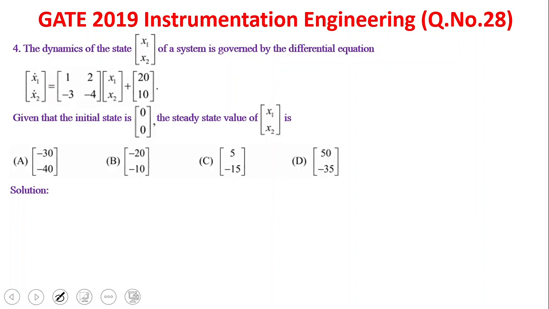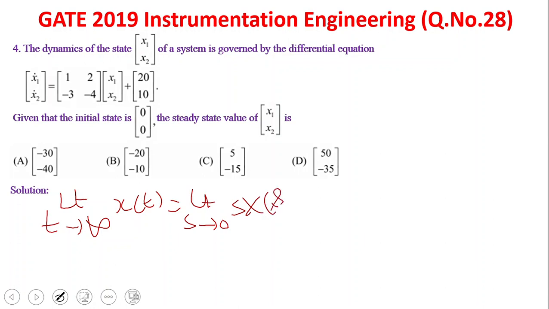We can do this by the final value theorem: limit t tends to infinity x of t is equal to limit s tending to 0 of s times x of s, because steady state value means we want this only. Therefore we have to write the expression for x of s, take s into x of s, then find the value as s tends to 0.